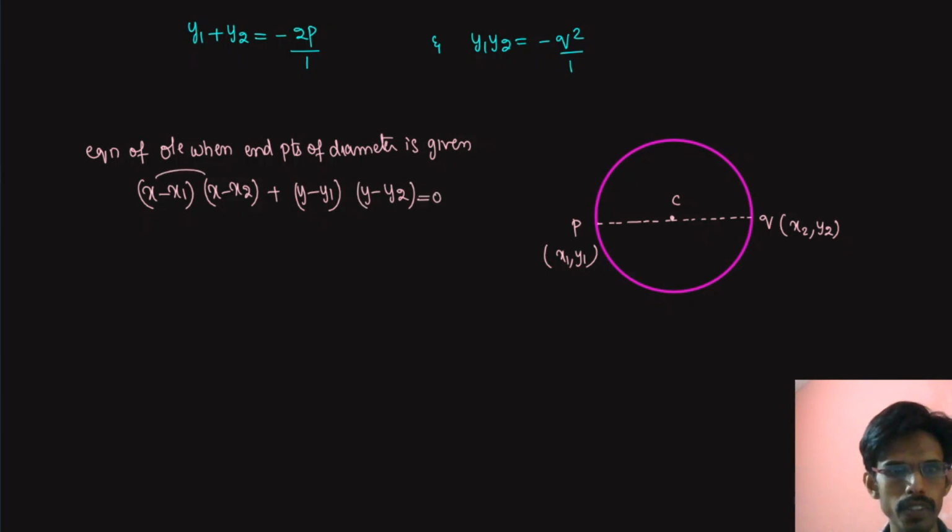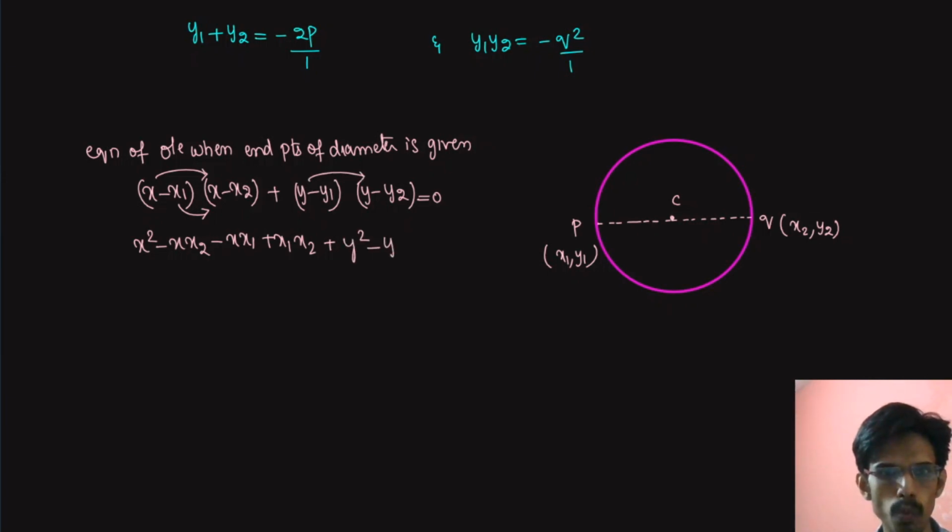Now multiply this: x into x will be x square, minus x2 x, similarly minus x1 x plus x1 x2. Similarly, multiply the y terms: y square minus y2 y, minus y1 y plus y1 y2 is equal to 0.